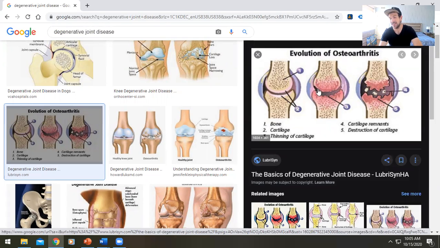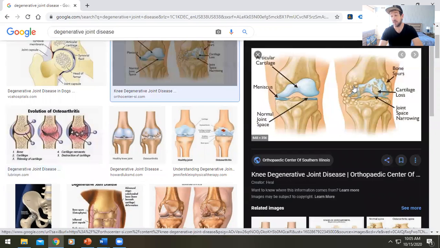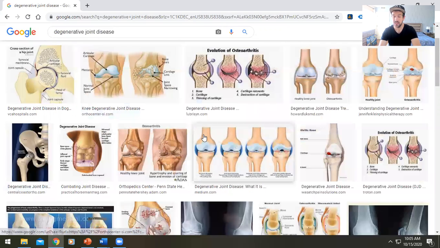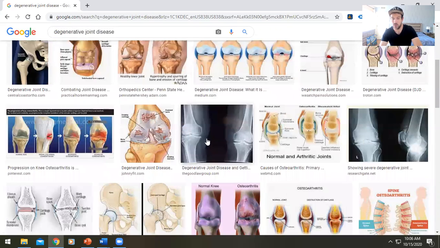What happens then is the bones start to impact on each other, and that can create imperfections in a very negative way. It can create too much damage to the bone for your body to keep up, so it actually creates bone spurs. You get too much buildup of bone tissue, and that makes it even harder for the cartilage, so the cartilage gets thinned. That's what degenerative joint disease is.